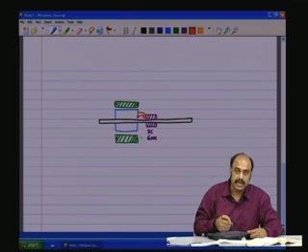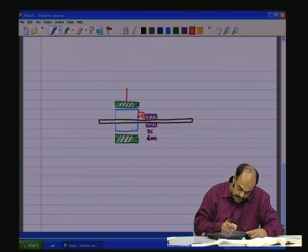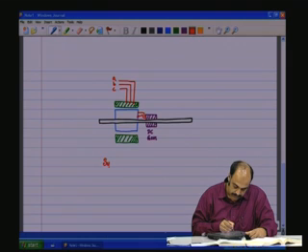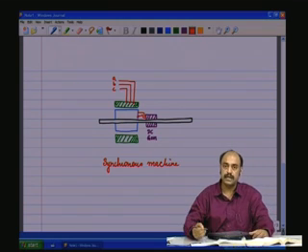As both are rotating on the same shaft, there is no relative movement between the two, and the stator is provided with three-phase AC source, A, B, C. So this is a synchronous machine.